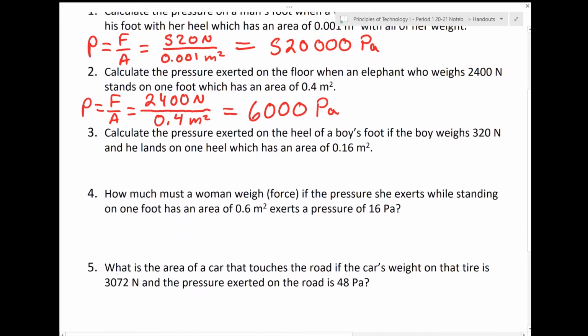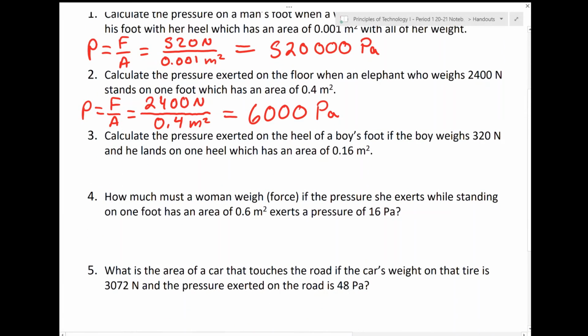Number 3, calculate the pressure exerted on the heel of a boy's foot if the boy weighs 320 newtons and he lands on one heel, which has an area of 16/100ths of a square meter. Once again, pressure equals force divided by area. The boy's weight is 320 newtons.